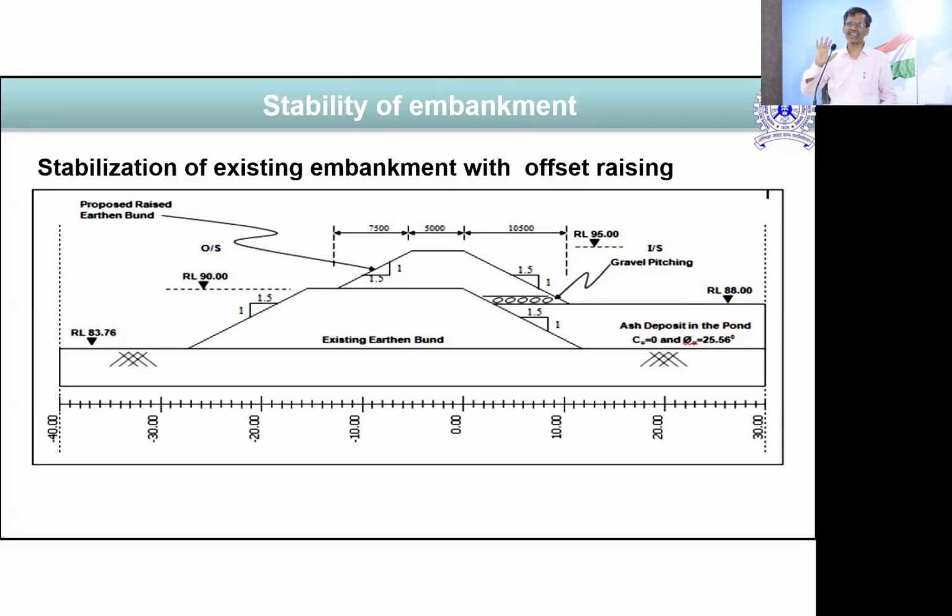Whether that soil can take that load or not, because I am simply multiplying with the unit weight. And think about how much height we will go to. If I go for 60 meter, then what is the bearing capacity for 1200 kilonewton per meter square? In the case of a tailing pond built on rock, that is not an issue. But the issue is particularly these ash dikes. Ash dikes are built on plain terrains and many times on agricultural land, all that type of land.